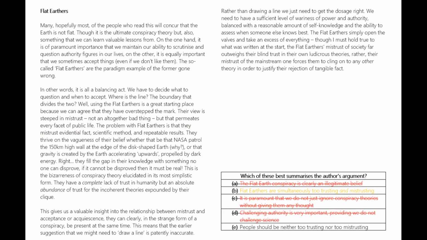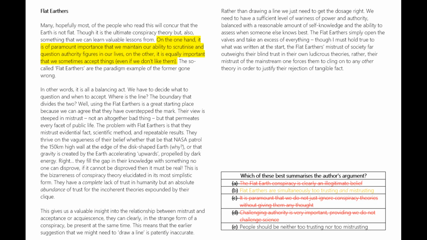And last of all, we have E. That people should neither be too trusting nor too mistrusting. So E is a broad possibility for which there's quite a bit of evidence, namely this quote. On the one hand, it is of paramount importance that we maintain our ability to scrutinise and question authority figures in our lives. We've seen this one already. Now this obviously suggests that people should not be too trusting, that we should be questioning.